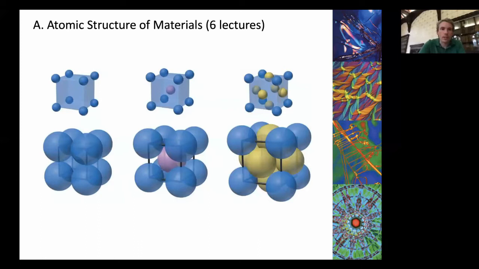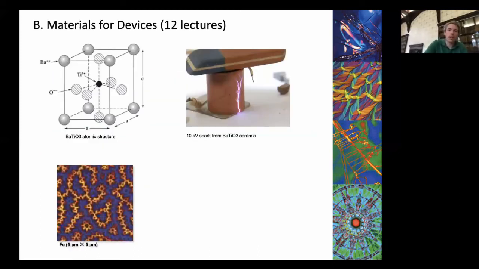Moving quickly to course B, you will apply the understanding in course A to actually relate those atomic structures to the electronic, magnetic, and chemical properties of a whole range of different materials, with a particular focus on materials which have potential applications in different types of devices.